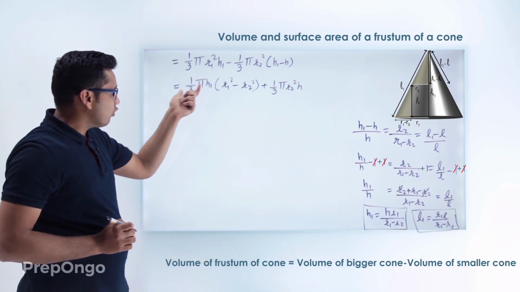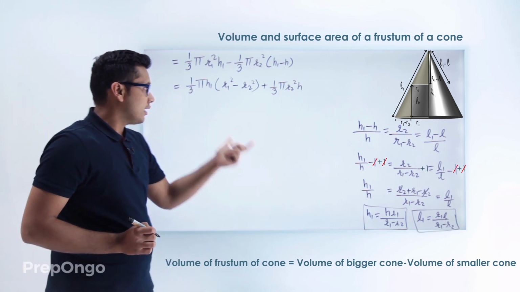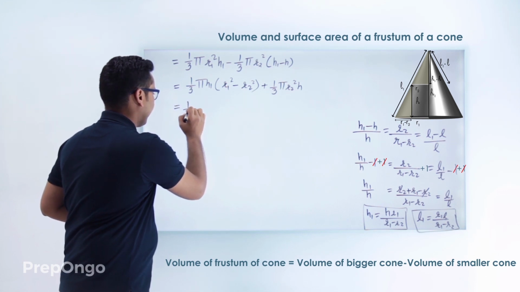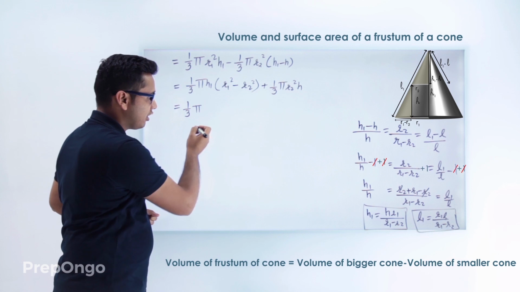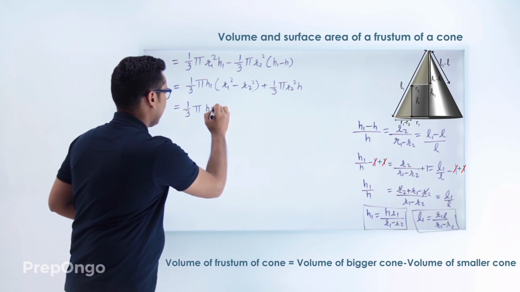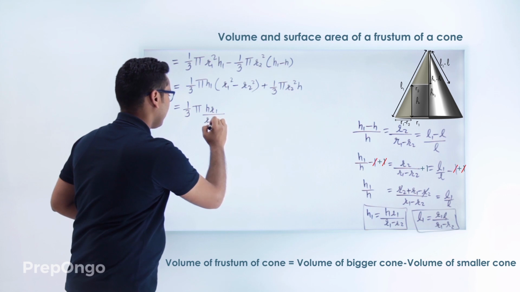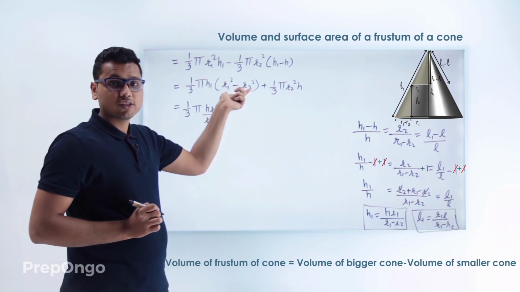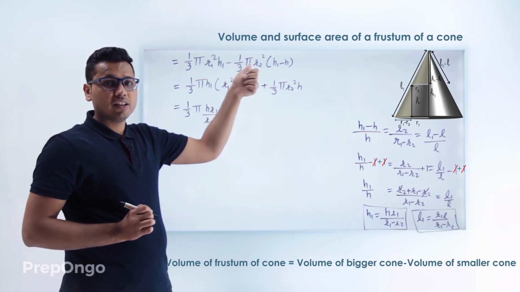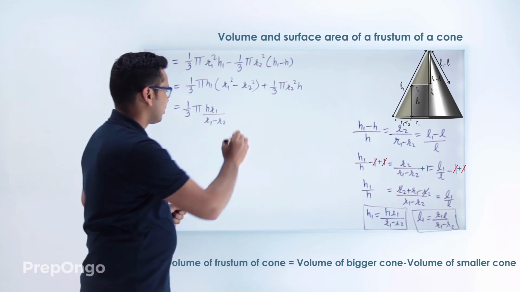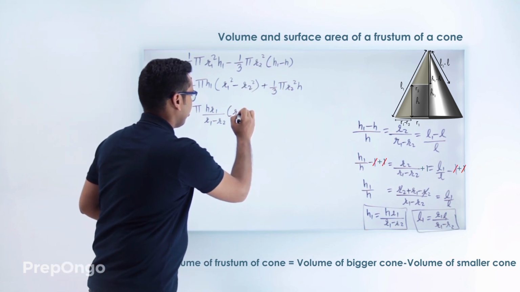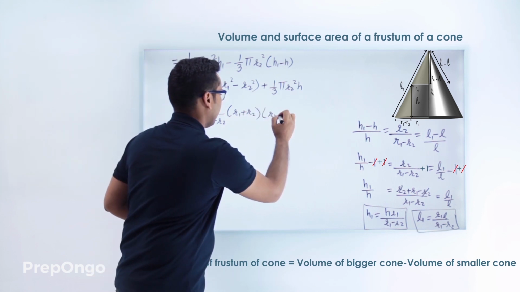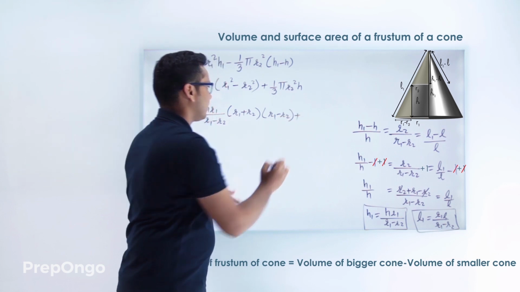Now we can put the value of H1 from this equation in this and solve it. So this will come out to be 1 by 3 pi. Put the value of H1. H1 is H R1 upon R1 minus R2, and we can convert R1 square minus R2 square, which is nothing but A square minus B square, so this is A plus B into A minus B. So this will become R1 plus R2 and R1 minus R2, and plus this term.